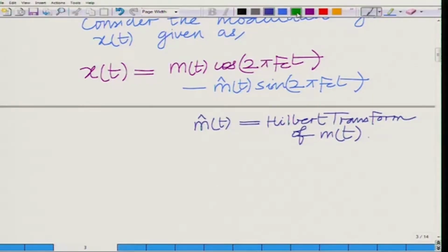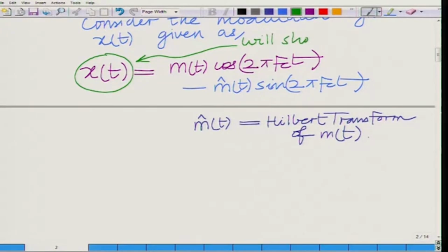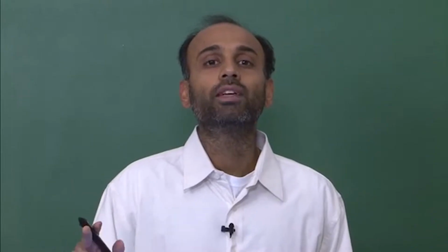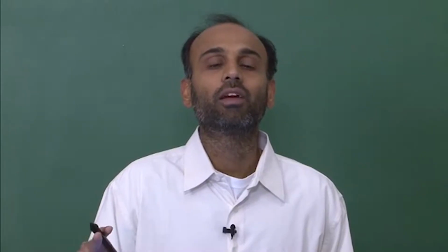So, we will show that x(t) is the SSB signal. Given a message signal m(t), we are using m(t) and also m hat(t), which is the Hilbert transform of m(t), or the phase shifted version of m(t), to generate the single sideband modulated signal.